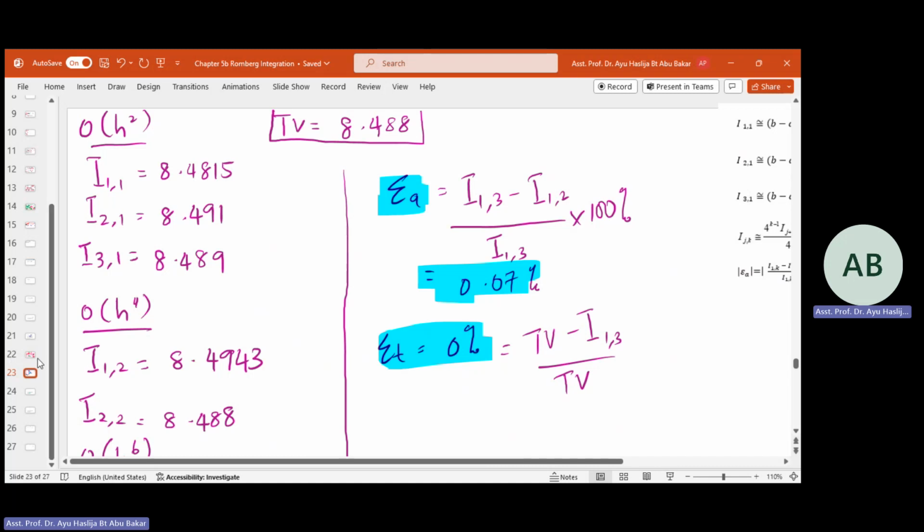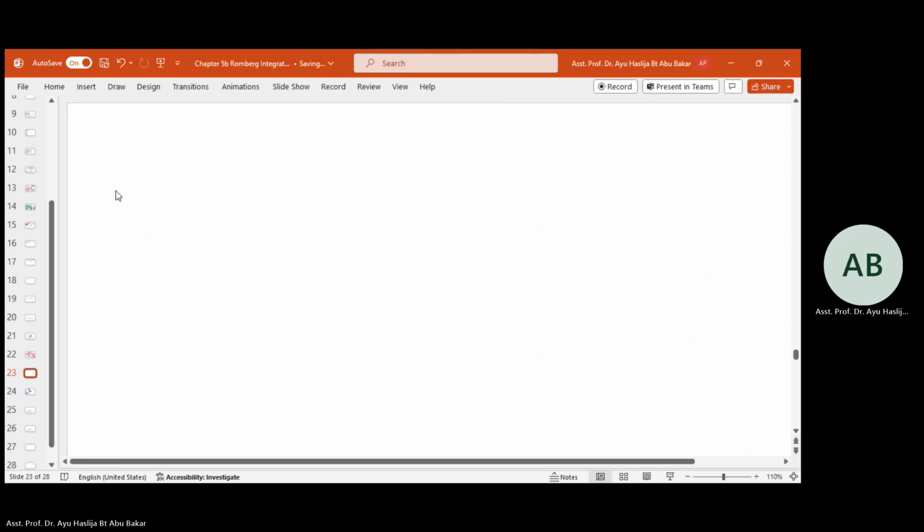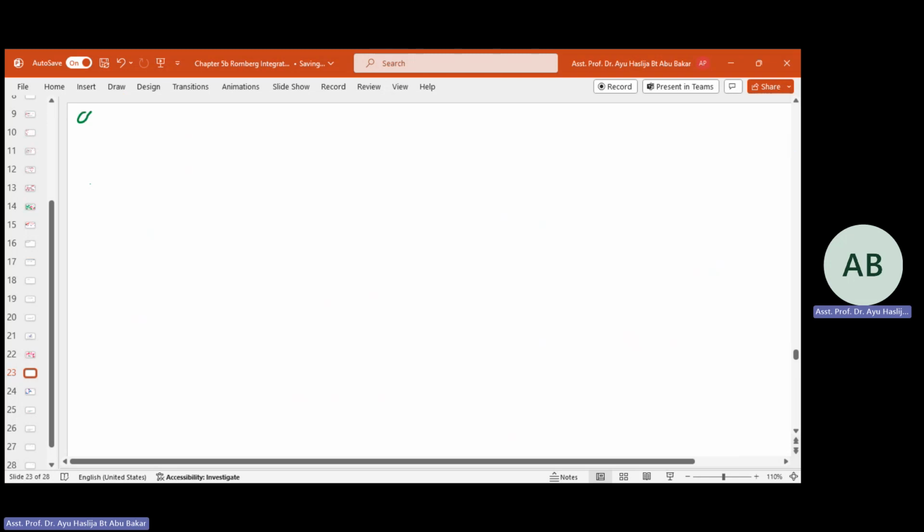Before we go to this, okay, for OH2 estimation, I11 using trapezoid equation. Single segment, so we just use equation for single segment.